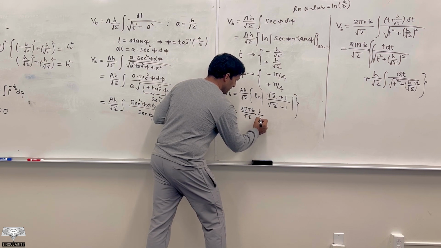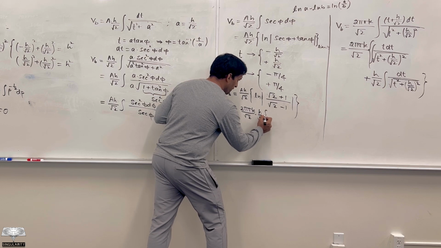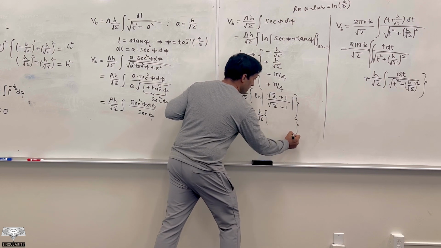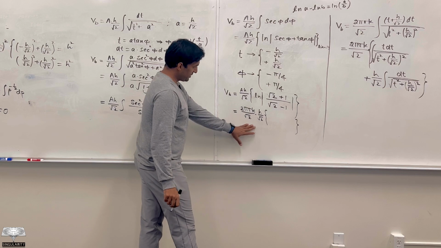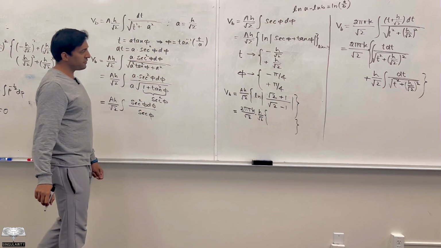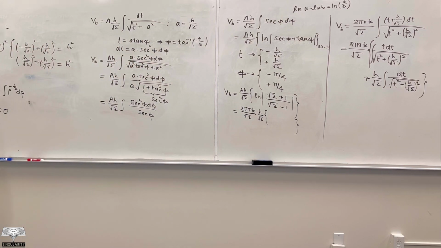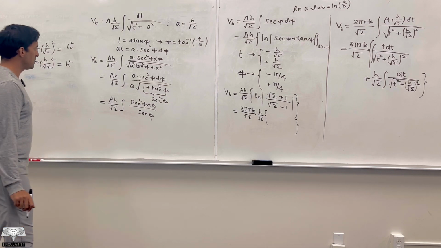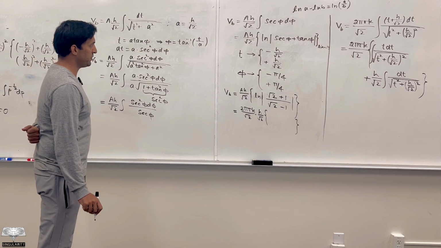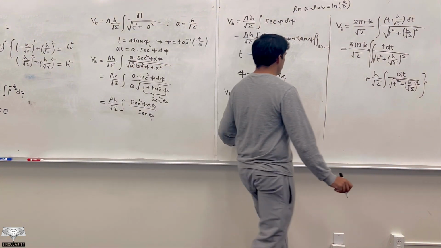Okay, h divided by square root 2 and this factor. These constants go away, the 2's go away. There should be one more factor of 1 by 2. Where did we miss it? I have missed one factor of 1 by 2. No, I haven't. No, I haven't. Okay. So this is potential at point B.